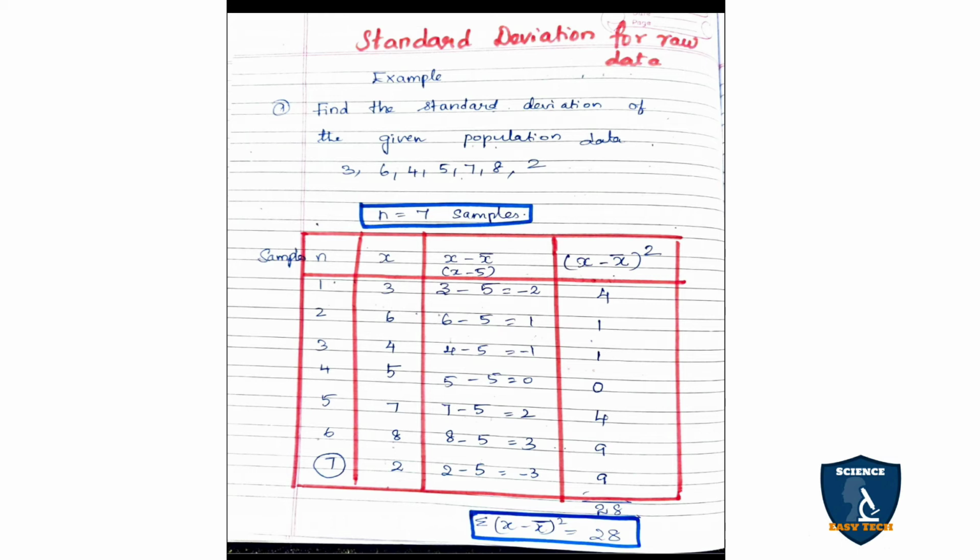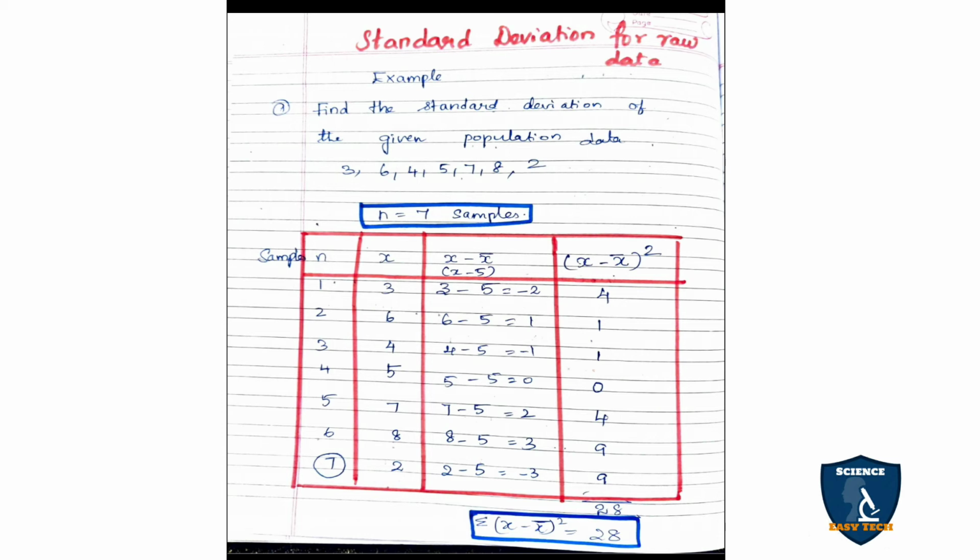Next, we will see some examples of calculating standard deviation for raw data using the given formulas. Example 1: find the standard deviation of the given population data 3, 6, 4, 5, 7, 8, 2. So here n is how much? How many observations have we been given? 7 observations.